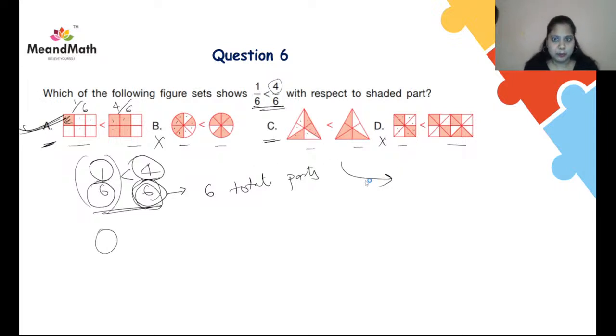Count and see what fraction it makes. 1, 2, 3. We see there are 3 shaded parts here, so it is 3 by 6, right? And then the second part, 1, 2, 3, 4. We can see there are 4. Only one option has the required 1 shaded part first, which was found only in option A.